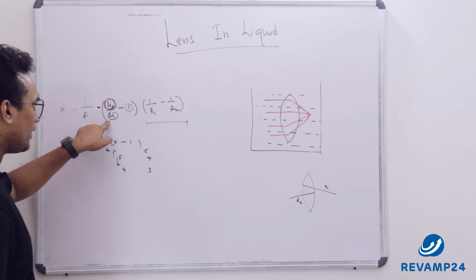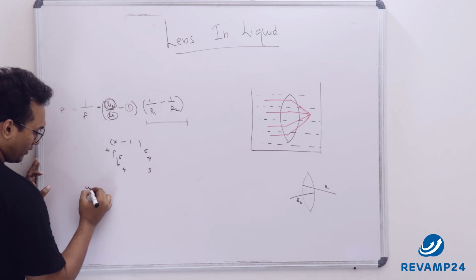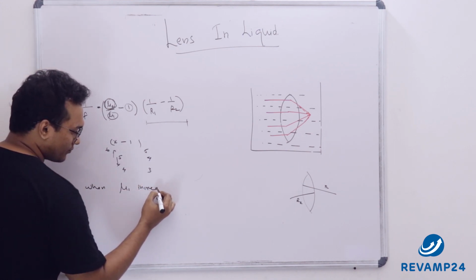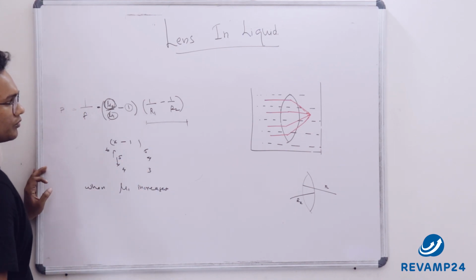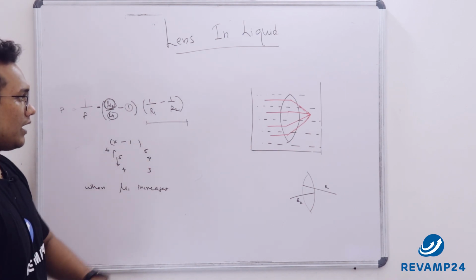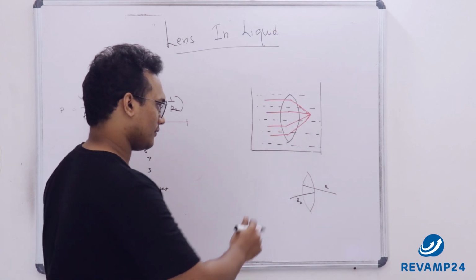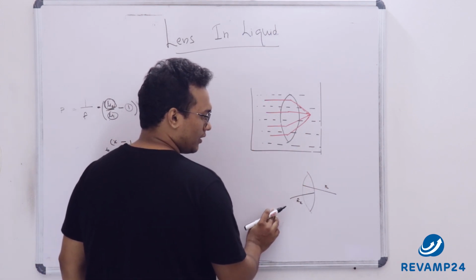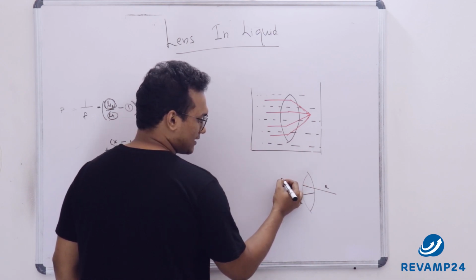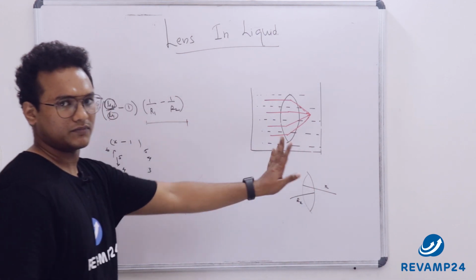Now I am going to explain the case where mu1 increases. When the lens is kept in air, the refractive index is approximately 1 or 1 point something.